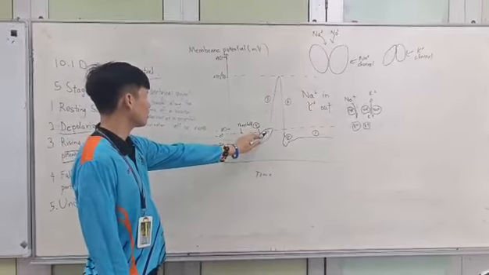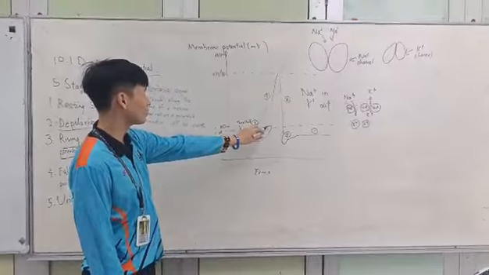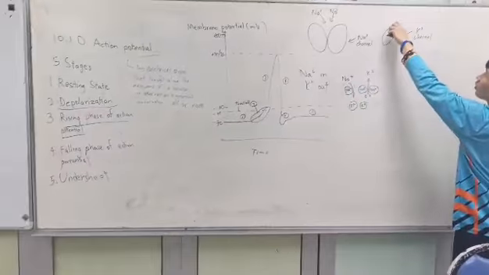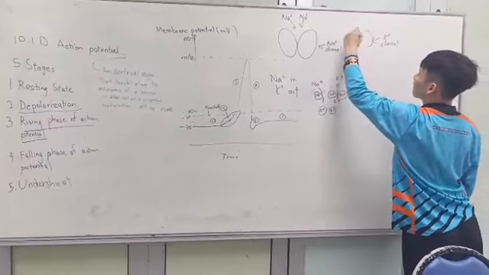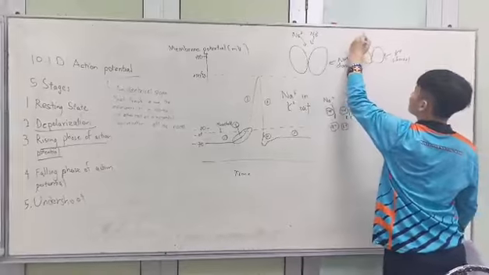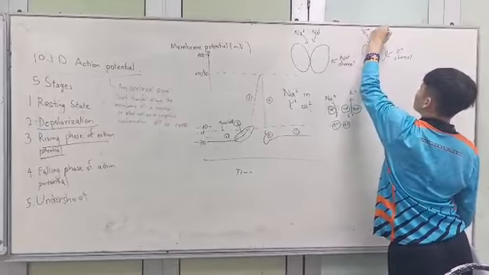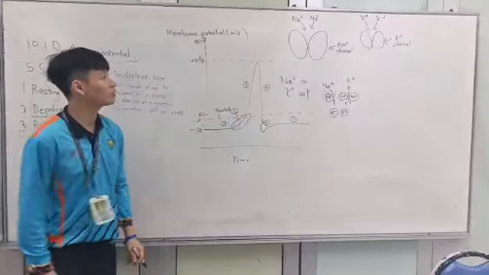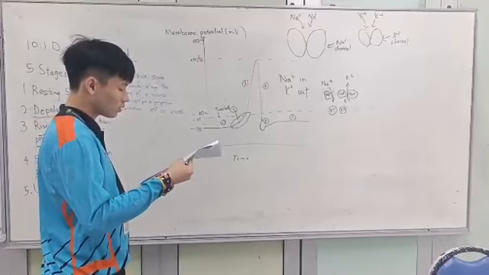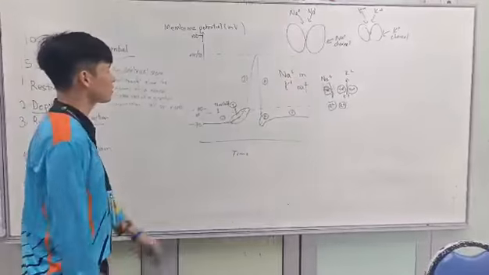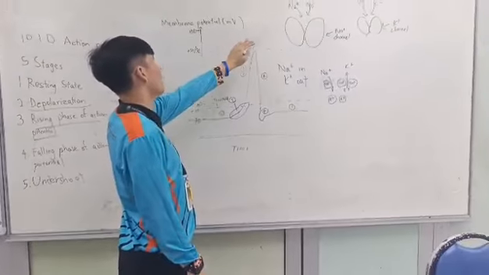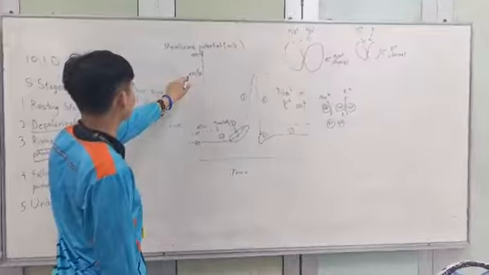Next is the rising phase. When the depolarization reaches the threshold level, it will trigger the voltage gated Na+ channels to open. Na+ ions will diffuse into the axon, and the depolarization will occur further until the highest point at positive 30 or 35 mV.